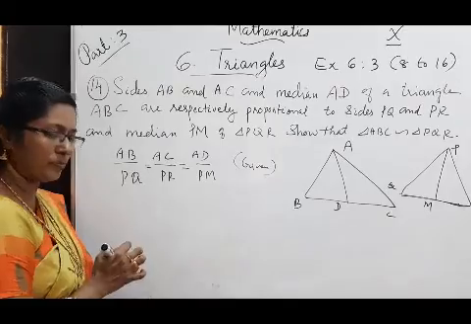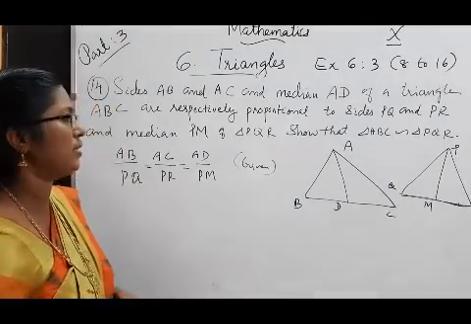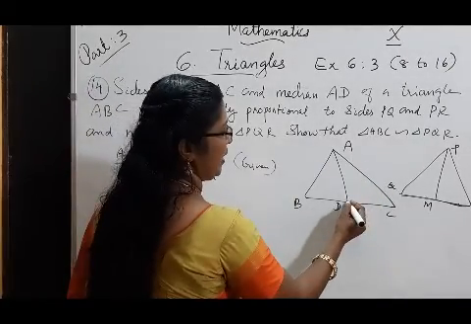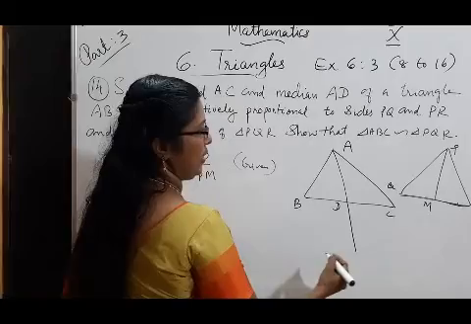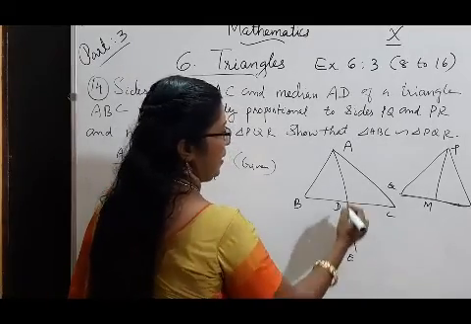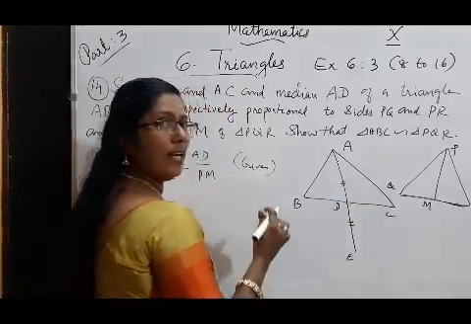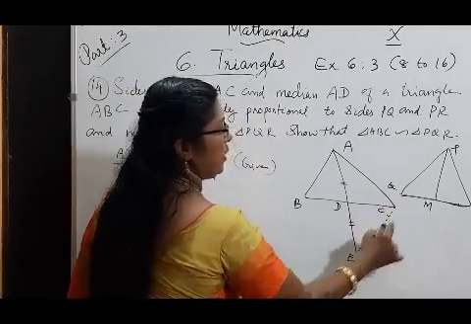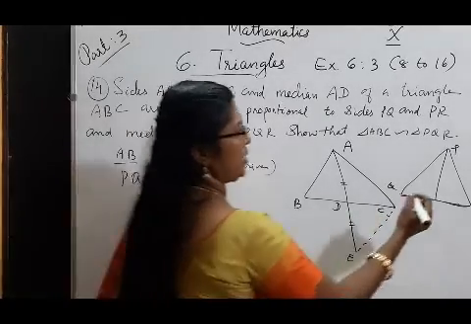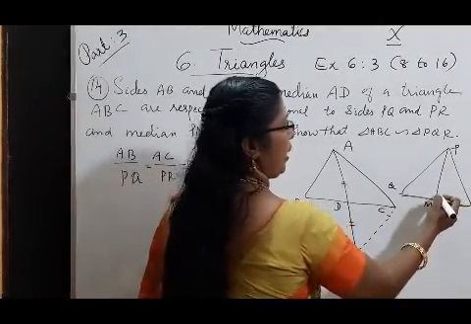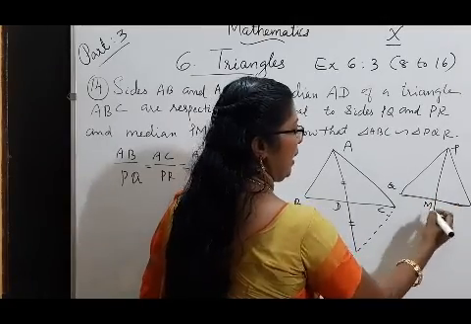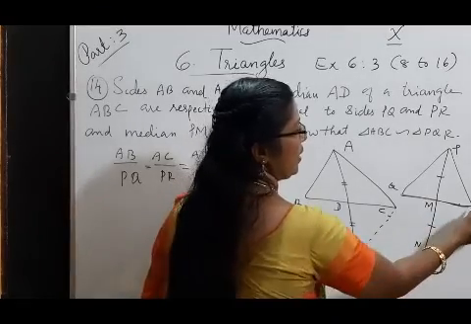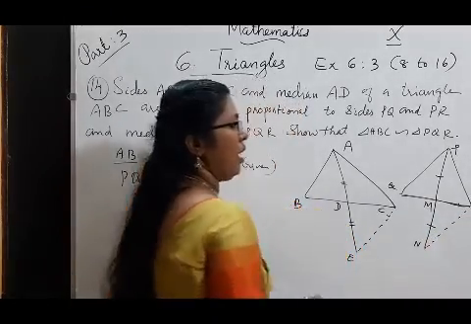Okay, then here we want to construct. This is AD; extend AD to E such that AD and DE are equal in length, and join EC. The next construction: extend PM to N. Then PM and MN are equal in length, and join RN.